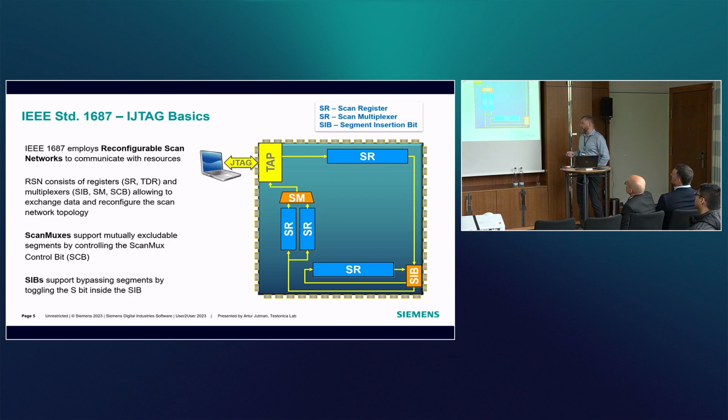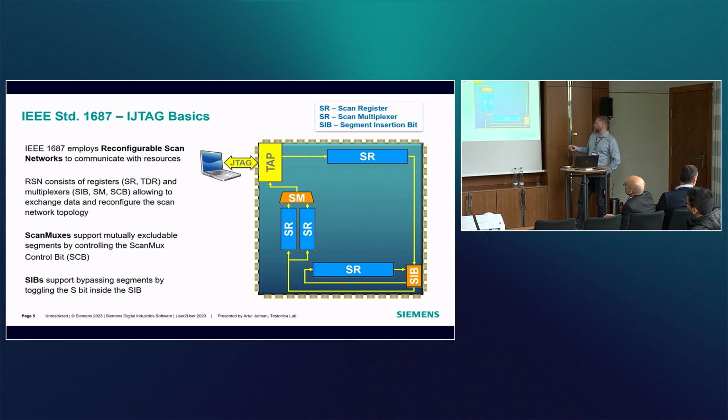Well, the simple idea behind 1687 is that you have a scan chain which is reconfigurable in a number of ways by adding either scan multiplexers, where you can include one or the other scan path into the active scan chain, or so-called segment insertion bits, where you can either add or exclude certain subnetworks of the reconfigurable scan network.